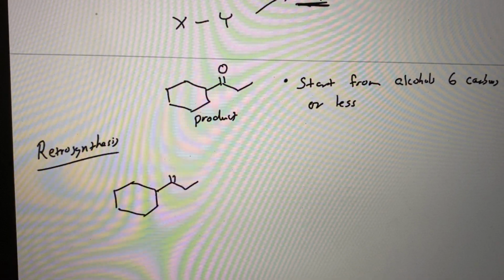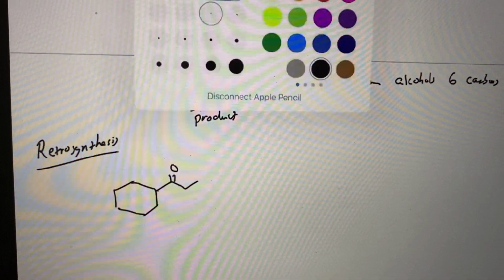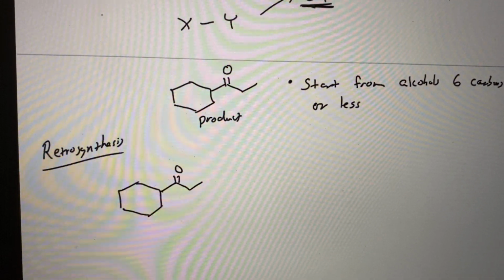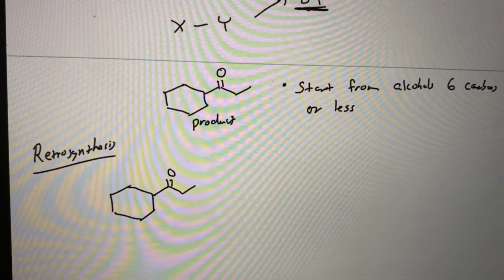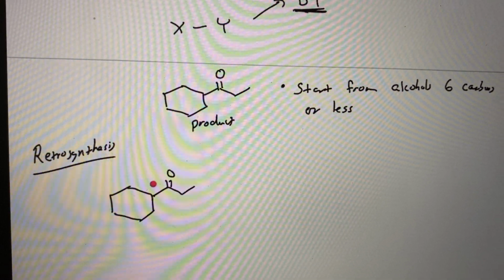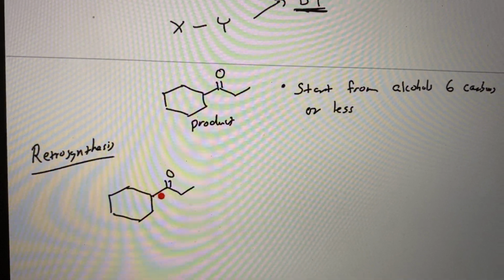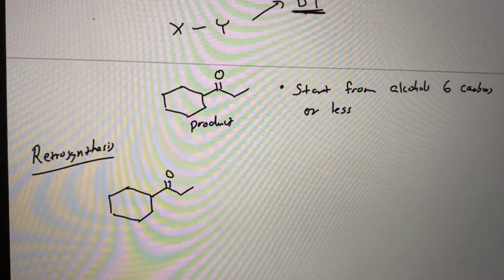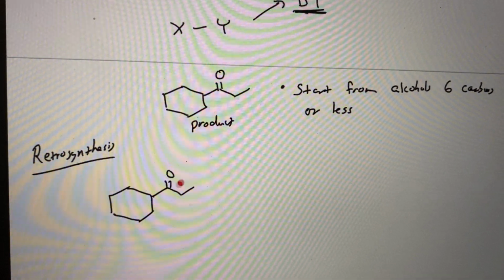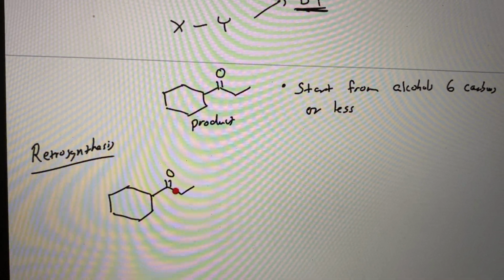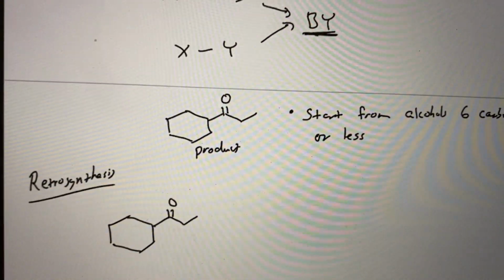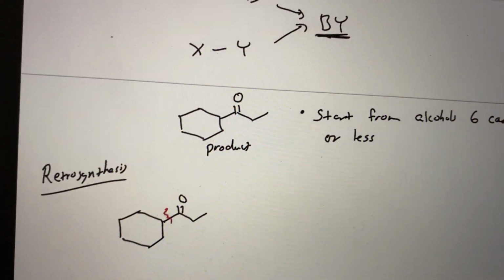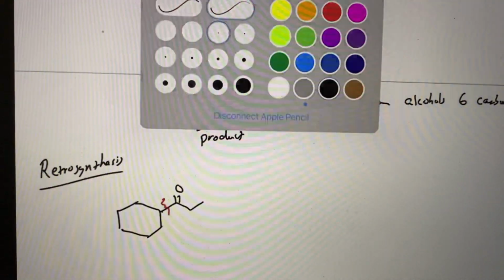Just redraw this here. And we probably want to think about where can we break this apart conceptually. Well, we have this ketone as a functional group, so we could probably break it either on this bond here, which would give us 6 carbons, and then something that's 3 carbons. Or conceptually, we could break this carbon-carbon bond through a Grignard reaction in the forward direction. But then we have more than 6 carbons. So why don't we just go ahead and mentally disconnect or break that bond.